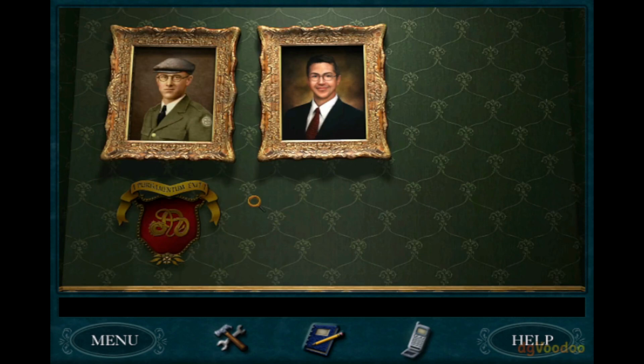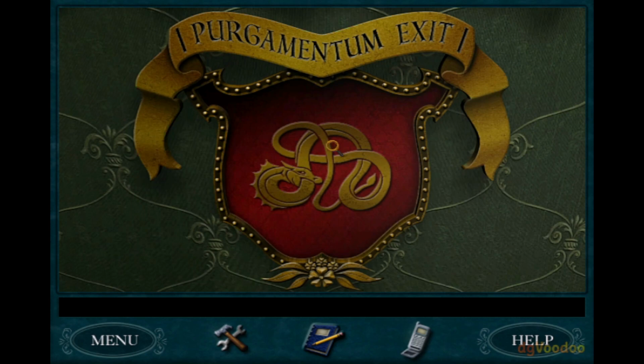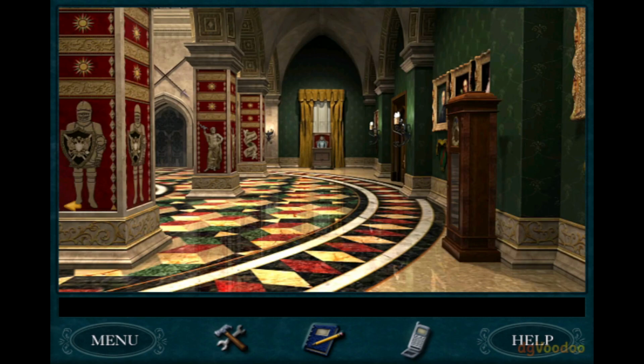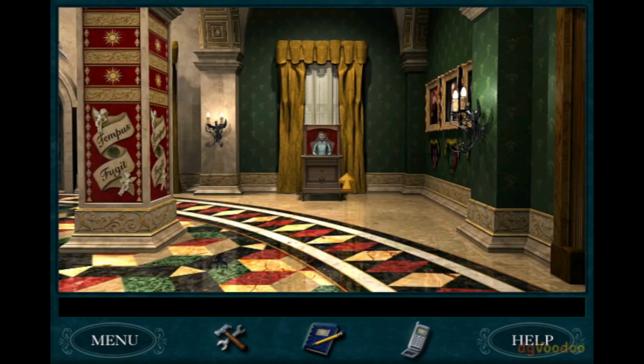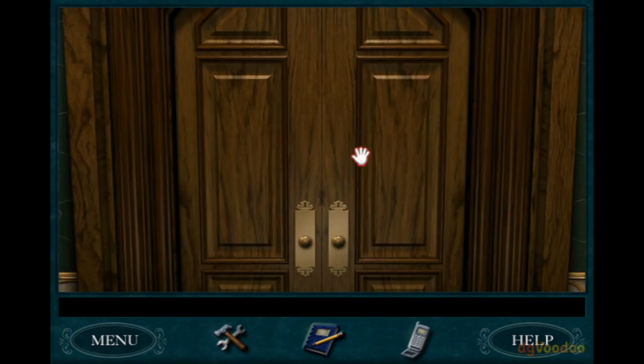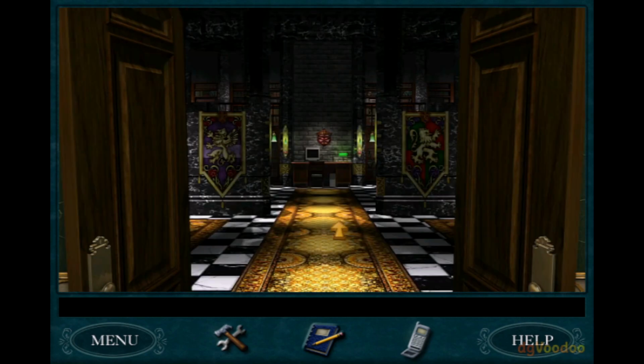So, no coat here. I guess this is the current lord of the house then. Maybe in the next episode we'll explore the place beyond these doors here. But for now, I think I will end this episode here.